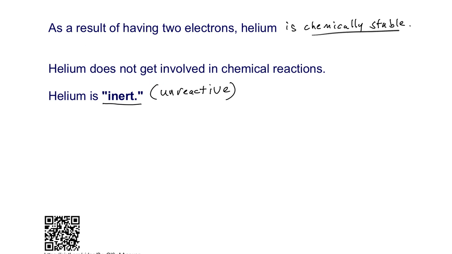It's stable. It's chemically stable. Helium does not need to react with another element because it's already possessing a filled outer shell. We call the family that helium is in the inert gases, which means unreactive.